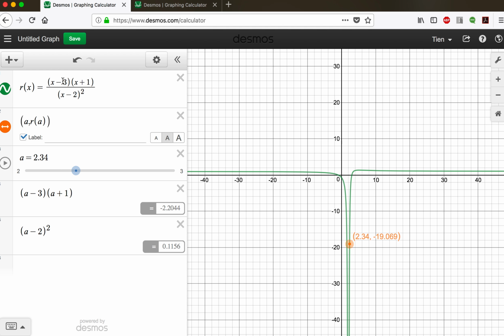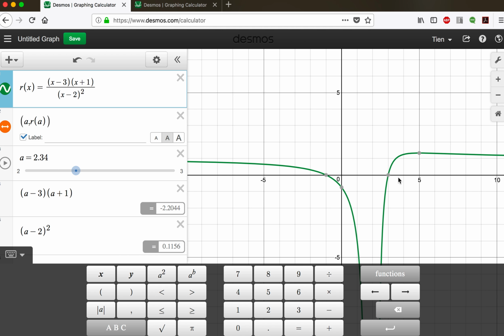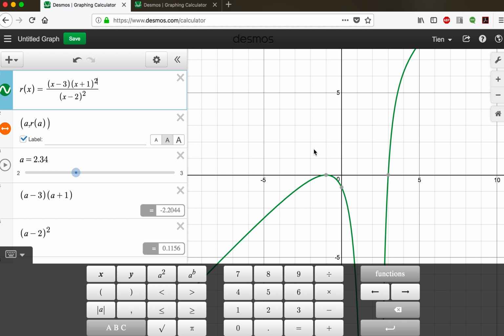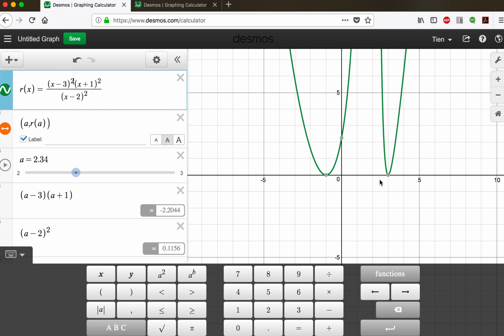So you still get zeros in the numerator the way you expect them to. They still bounce or cross in the same way that they do. We notice here that we cross in both directions. But if I made the x plus 1 a squared, now it bounces here, right? And then it still crosses here. If I made this a squared, they both bounce.